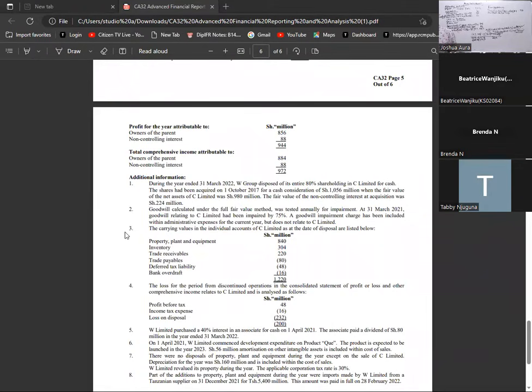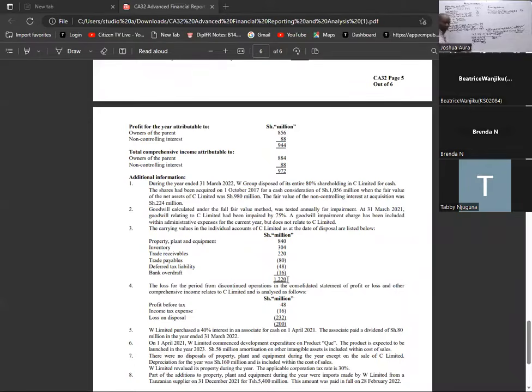And as at the date of disposal, the carrying values in the individual accounts of C Limited are listed below. They are worth 1220. There is growth. So I'll take 1220 minus 980.